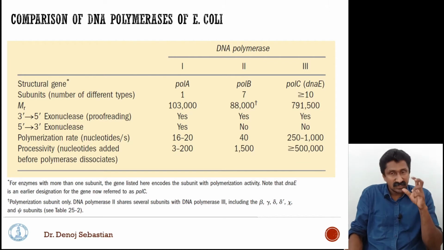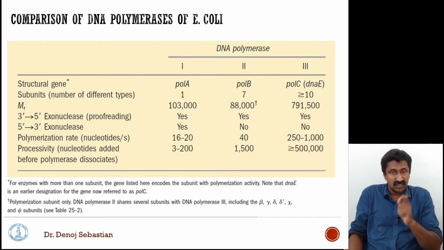So we have different categories of polymerase enzymes used for copying of DNA and RNA, and they are termed DNA dependent DNA polymerases, DNA dependent RNA polymerases, RNA dependent DNA polymerases, and RNA dependent RNA polymerases.